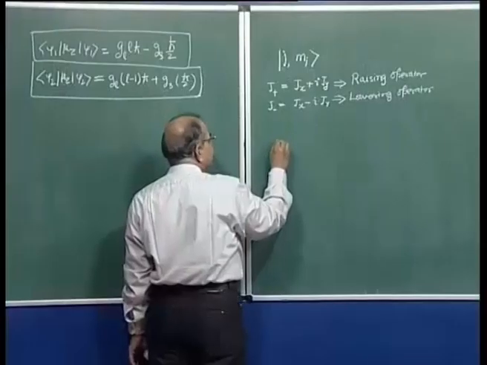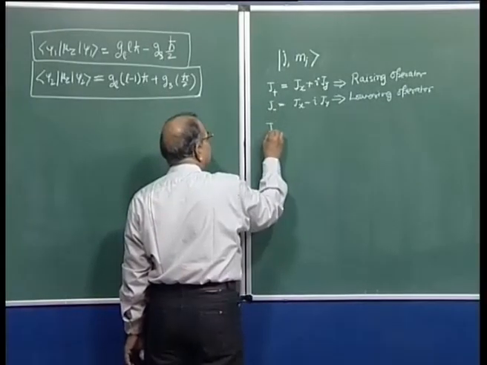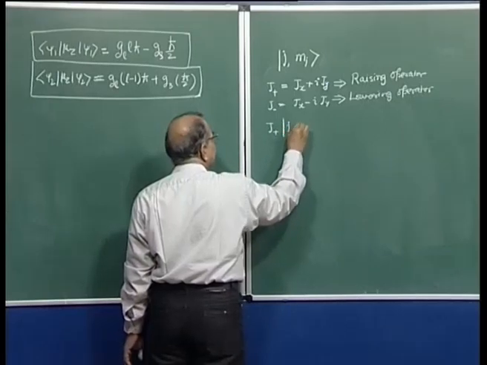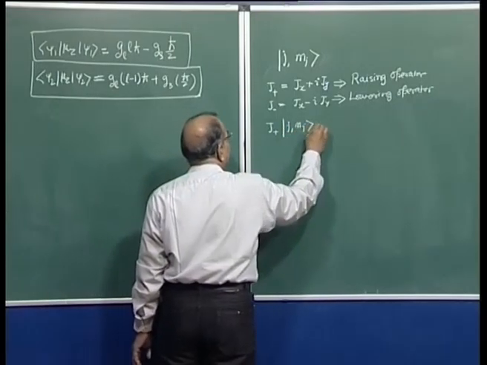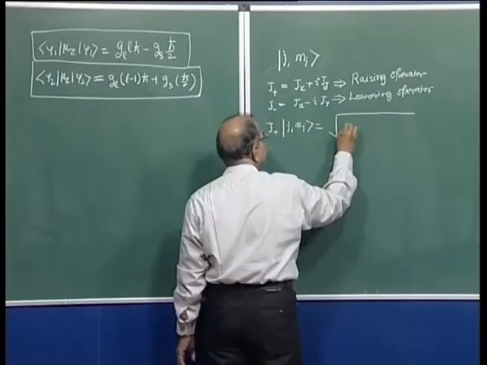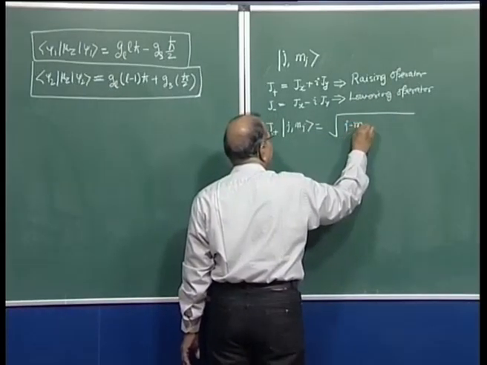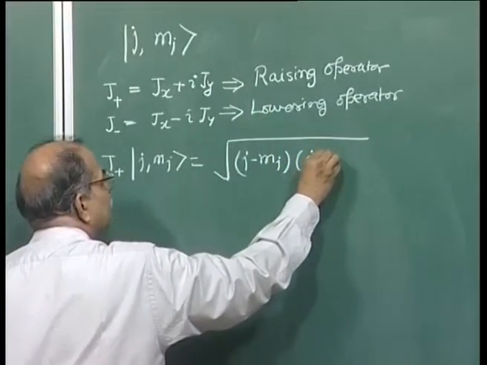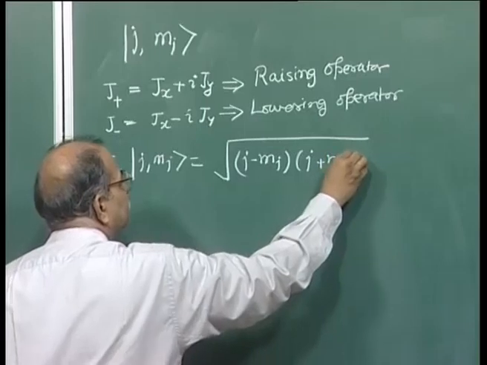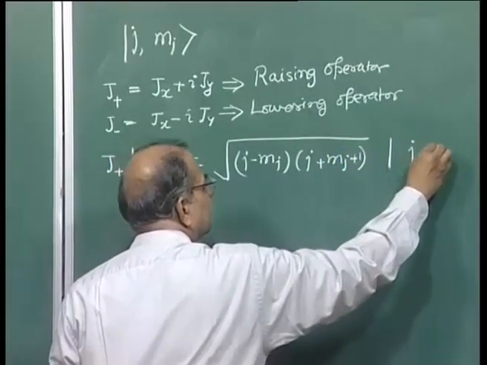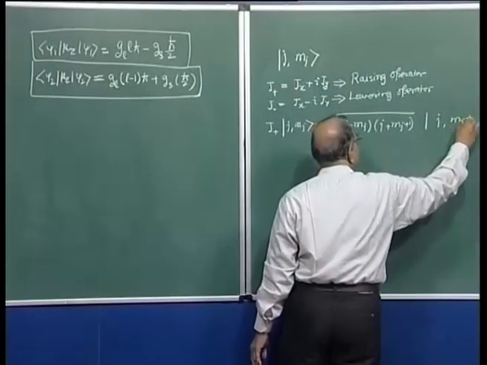And why is it called a raising operator? Because if you operate J plus on this |j, mj>, what you get is a constant, the square root of (j minus mj)(j plus mj plus 1), and then here |j, mj plus 1>.